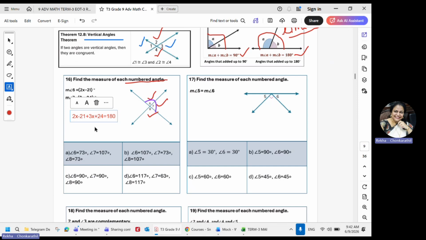Now you can use the shift solve using your calculator and find the value of x. After finding the value of x, you can find the values of angle 6, angle 7 and angle 8.